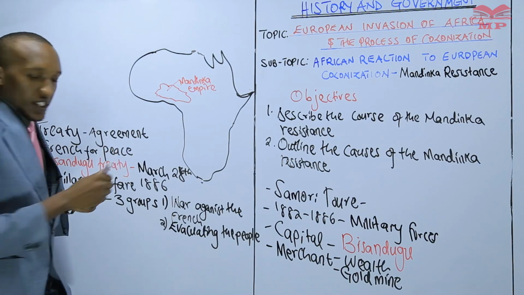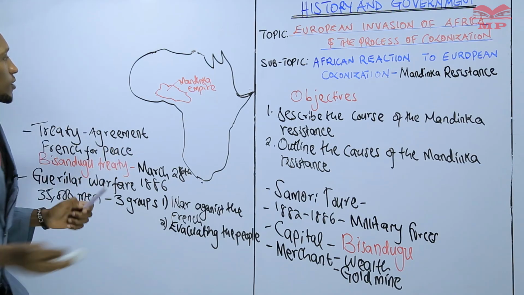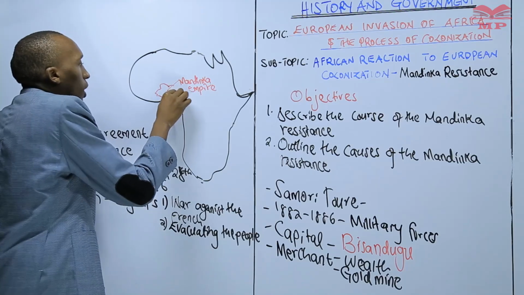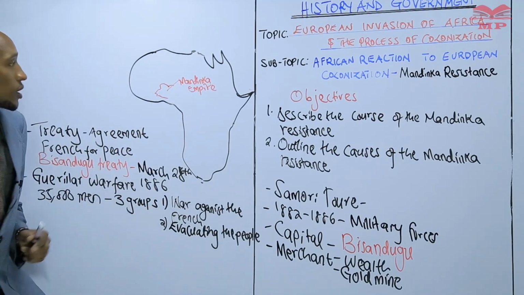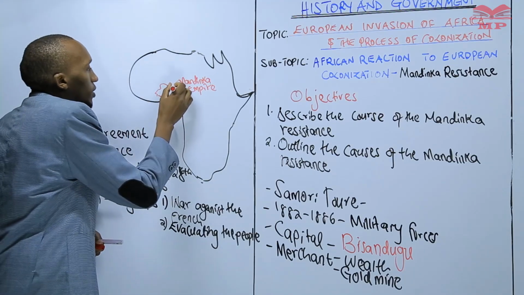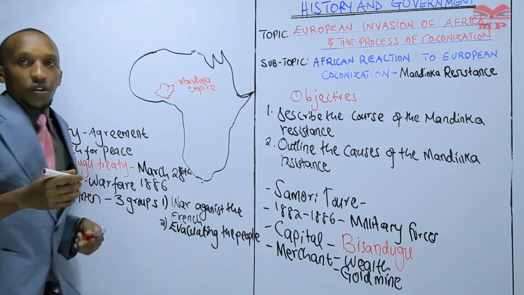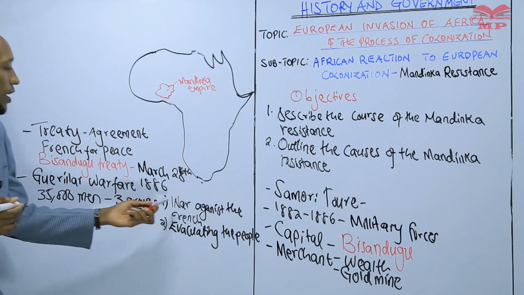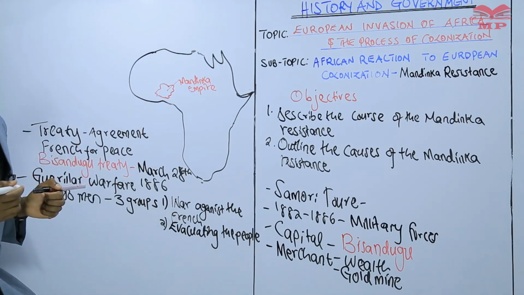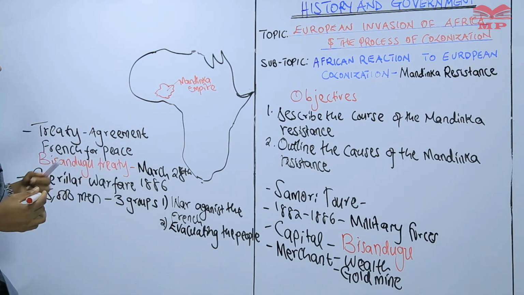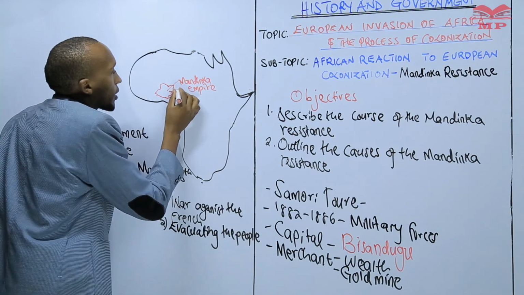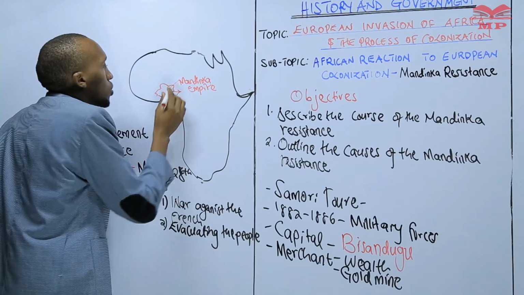When we talk of guerrilla warfare, after the first group attacked the French, initially his kingdom was not as big as this. His kingdom was concentrated towards the west. Let's assume that is where the kingdom was initially. After they attacked the French, they would burn down the camp where they were and proceed towards the east. So the kingdom would now move.